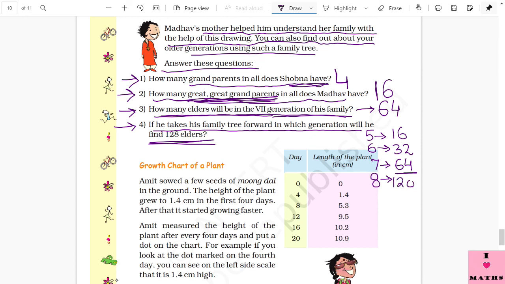So 128 people will be there in the 8th generation of his family. So in the 8th generation, there will be 128 elders. That was quite a tedious job, isn't it, children?